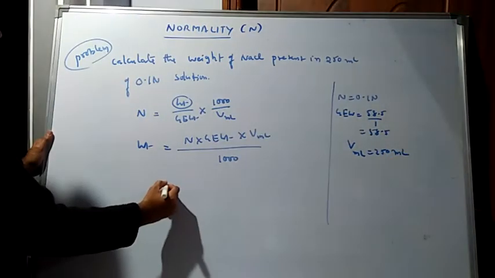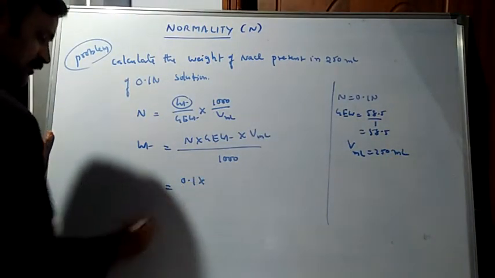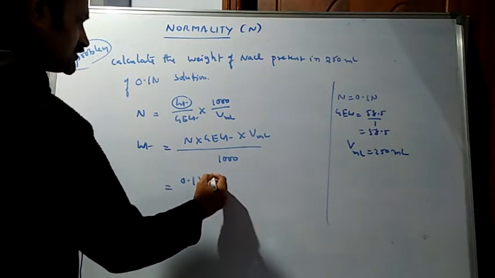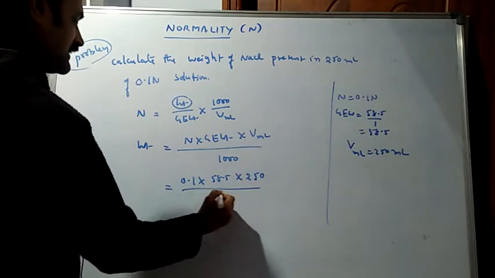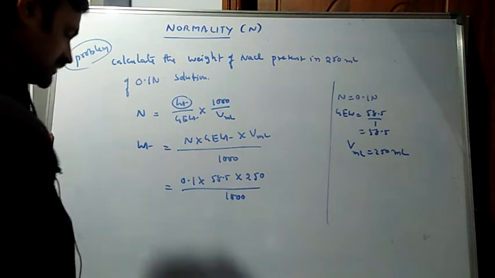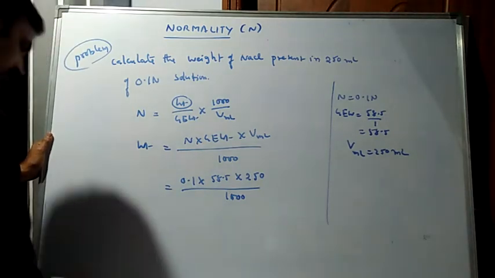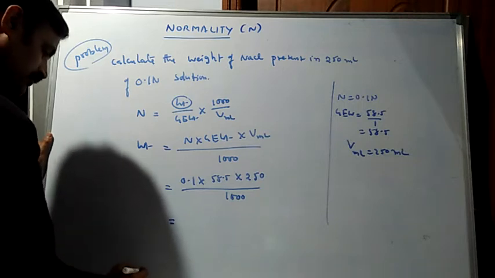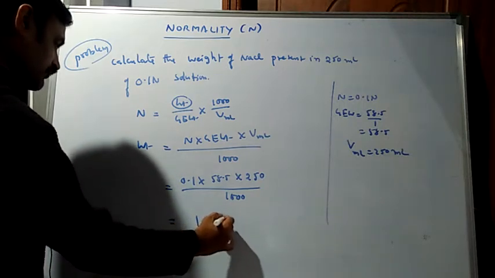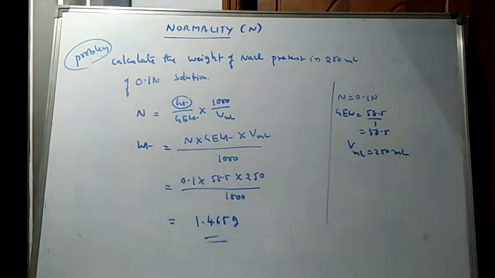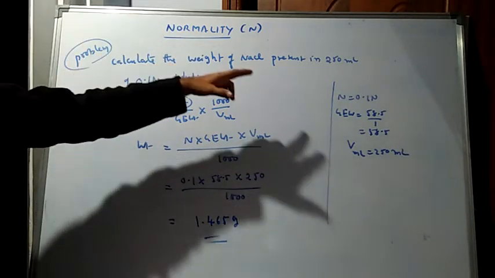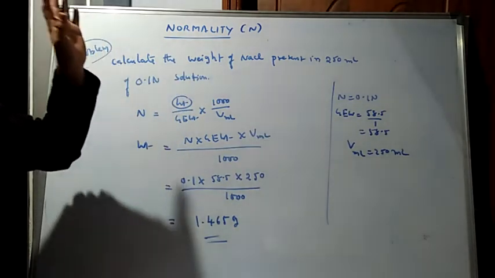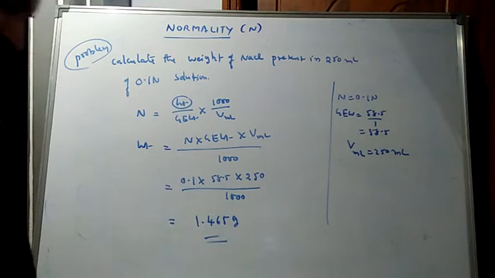Substituting, it is 0.1 into 58.5 into 250 divided by 1000. If you simplify, you will get 1.465 grams. So 1.465 grams of sodium chloride is present in 250 ml of that 0.1 N solution. That is the meaning of it.